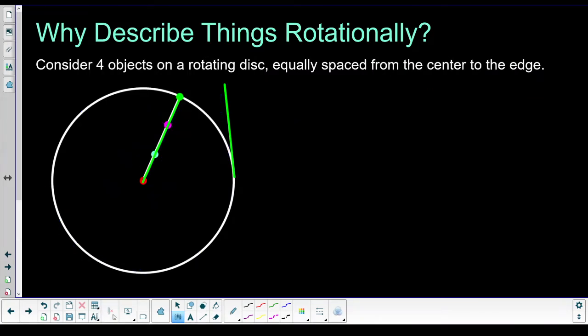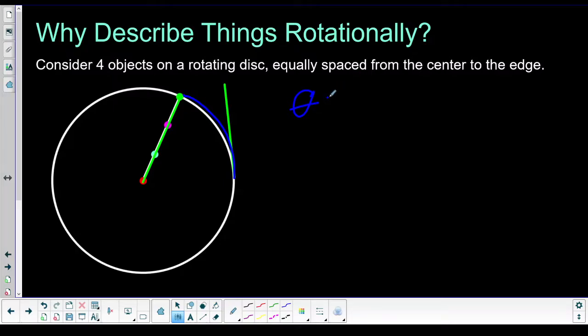But anyway, so we want to measure things angularly or radially or with theta. We want to measure angles instead of linear lengths because it's easier when things go in circles. Okay.